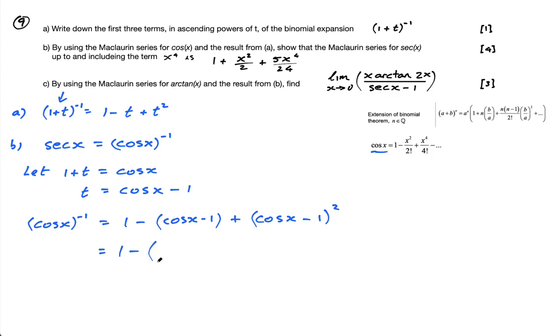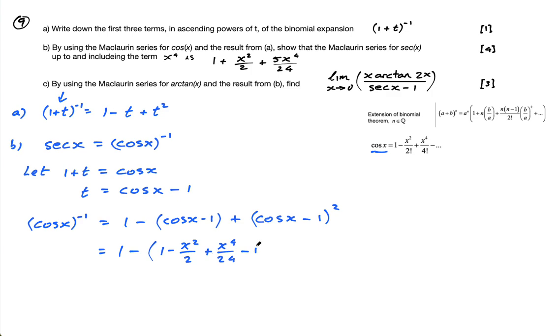So it's 1. By the way, this 1 minus 1 is going to cancel. So 1 minus cos x is 1 minus x squared over 2 factorial, which is just 2, plus x to the 4 over 4 factorial, which is 4 times 3 times 2, which is 24. And it's minus 1 because of this minus 1.